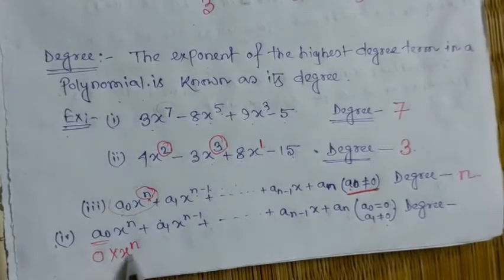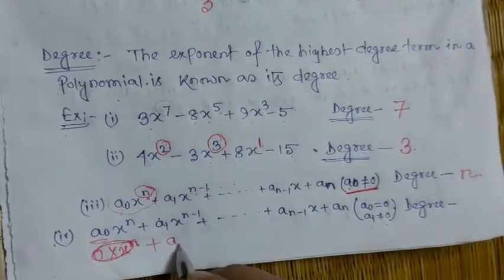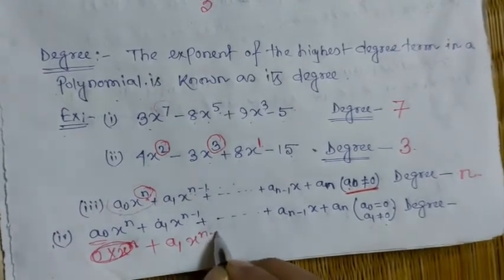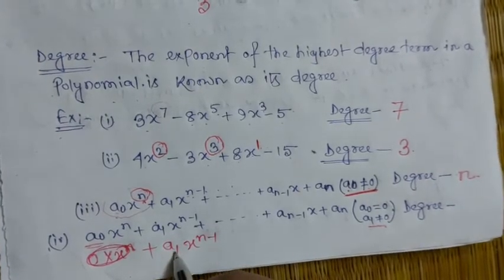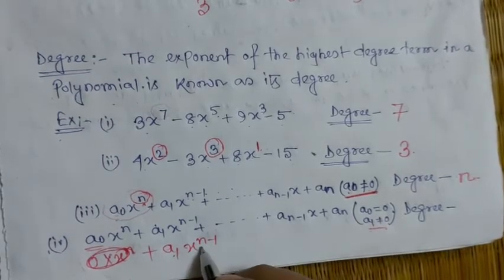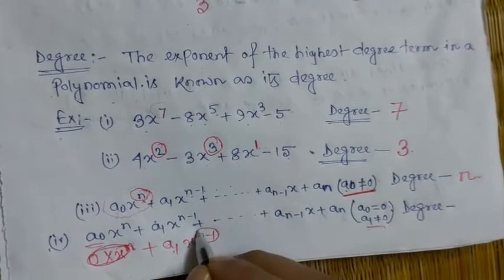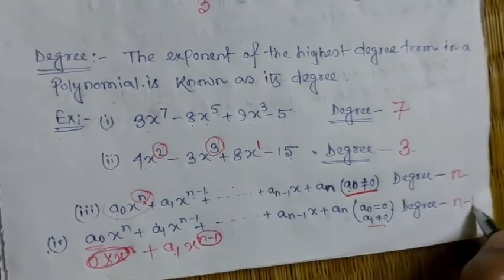Then plus a1 x to the power n minus 1, because a1 is not equal to 0, it can be a certain value, maybe 1, 2, 3, minus 1, minus 5, minus 7, any value. Then the highest power is n minus 1. So in this case, the degree is n minus 1.